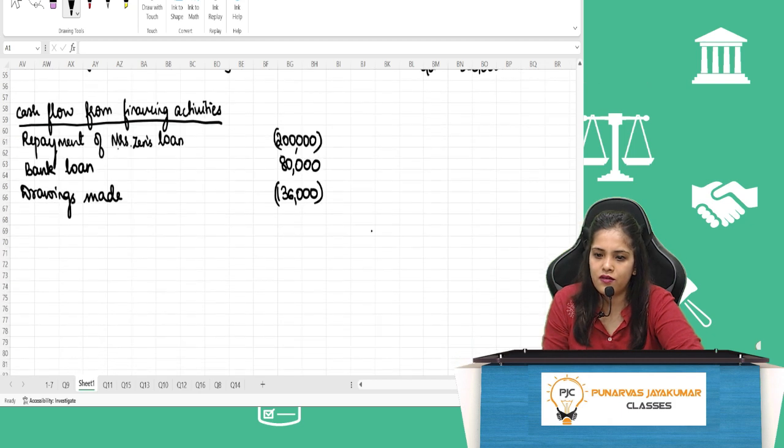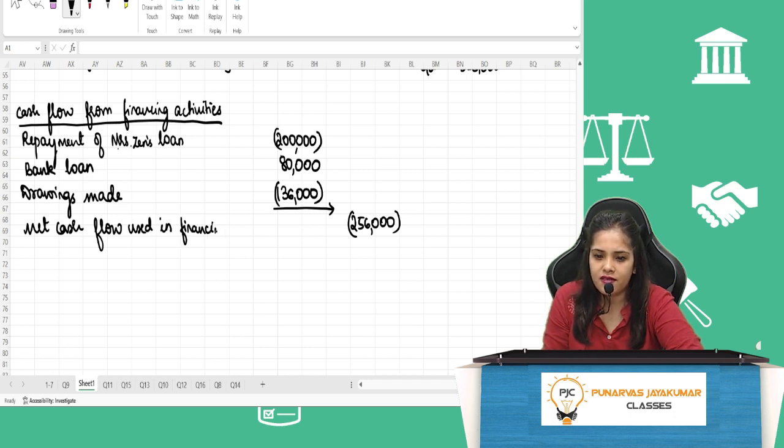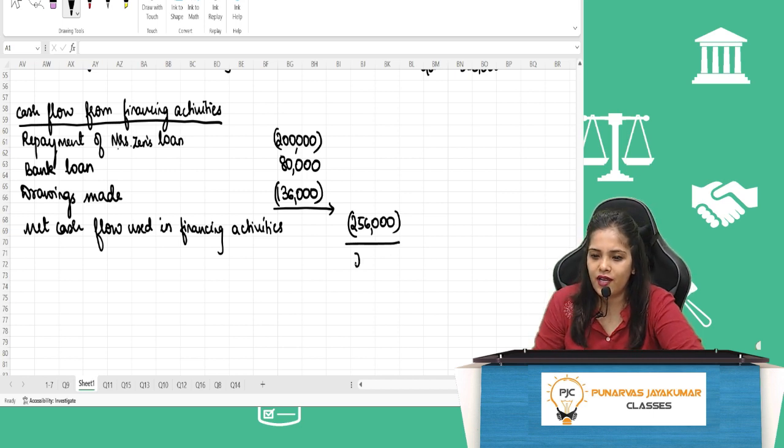Okay, so this will be negative 336, 256. Net cash flow used in financing activities. Okay? So you get negative 24,000, which will be called net cash flow used in activities.